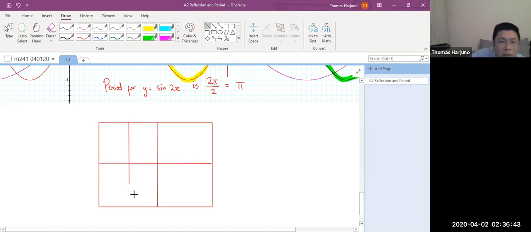Compared with sine x, the center is still at 0. The amplitude is still 1.